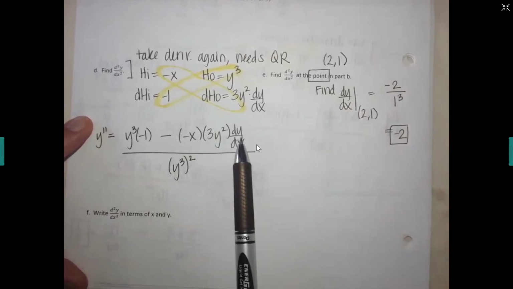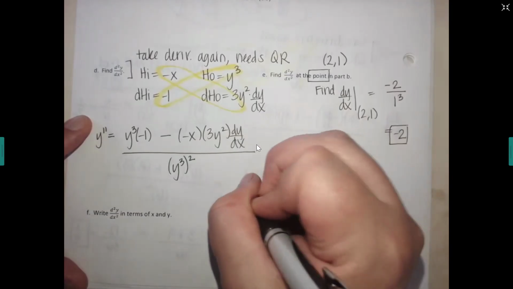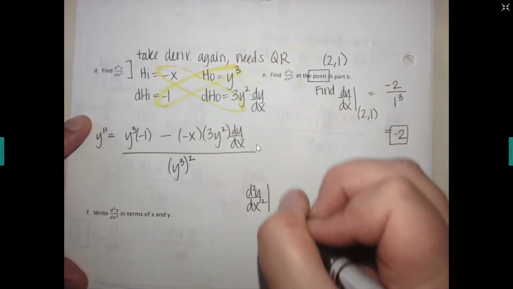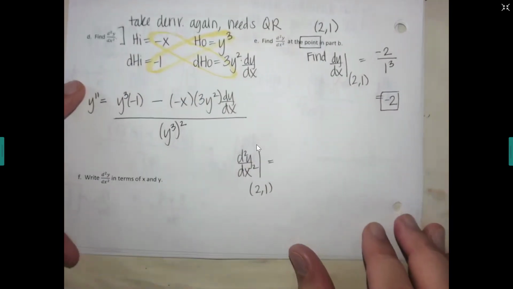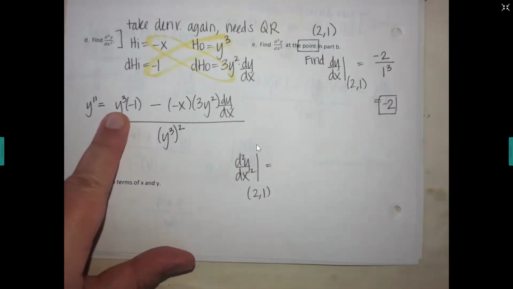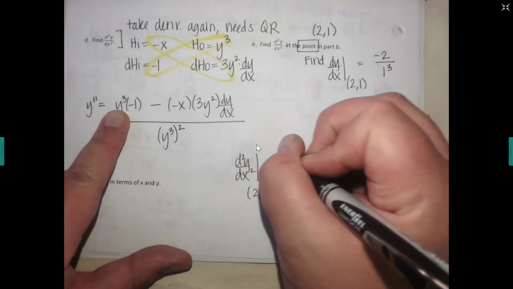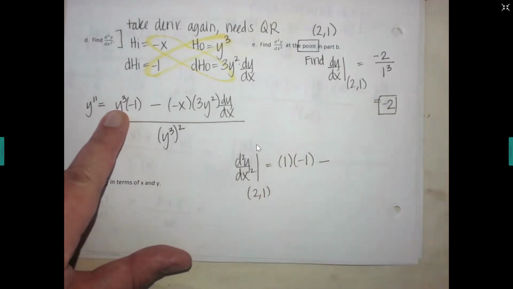And now I have all my ingredients, so I'm ready to plug in here. Okay, let's do it. It's going to be d squared y over dx squared, evaluated at (2, 1). That's the point I'm plugging in, and I have all 3 ingredients: an x, a y, and a slope value. So let's go one term at a time. What is my y? 1, and what's 1 cubed? 1 times -1, minus.